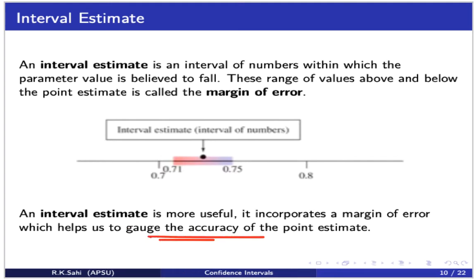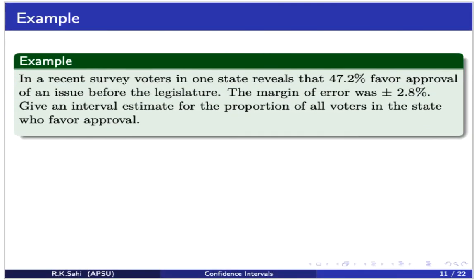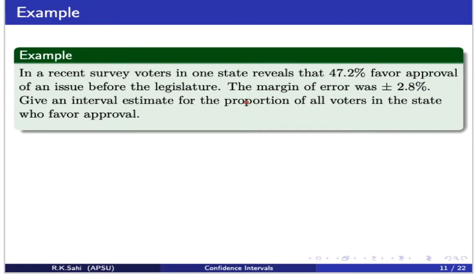Okay, let's do some examples here. In a recent survey, voters in one state revealed that 47.2% favor approval of an issue before the legislature. The margin of error was plus minus 2.8%. Give an interval estimate for the proportion of all voters in the state who favor this approval.